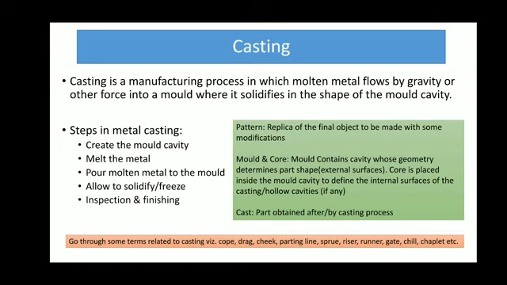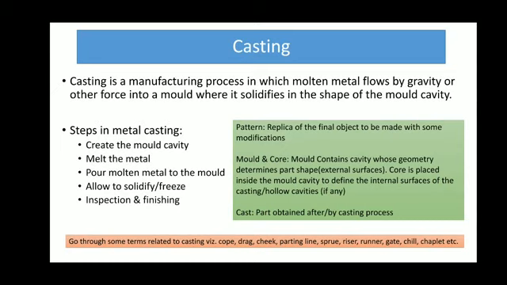If we discuss a definition, we can define casting as a manufacturing process in which molten metal flows by means of gravity or from another source into a mold where it solidifies in the shape of the mold cavity. The mold cavity is nothing but a hollow replica of the shape, the final shape of which we want.